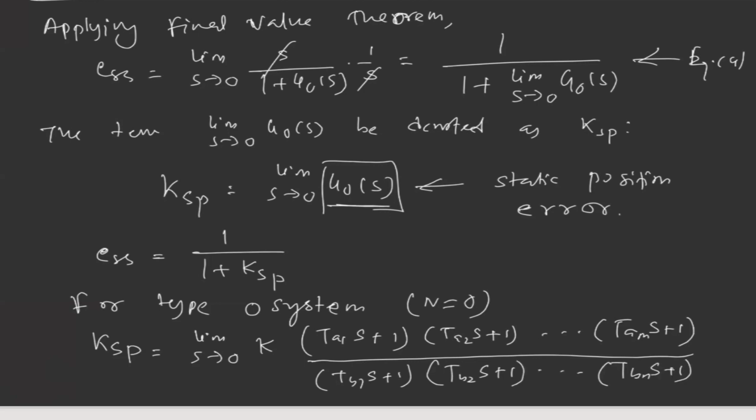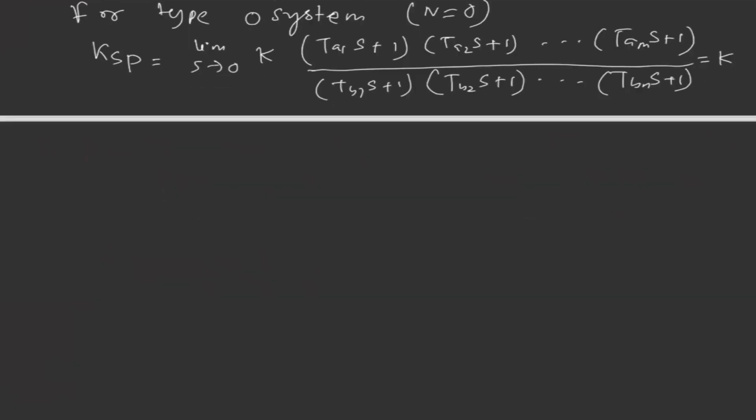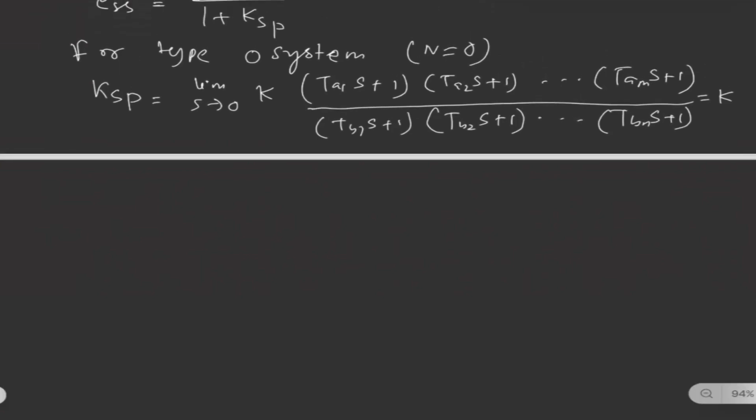This is how we can write it. Now if you put S equal to 0 here, this value yields to be K. Very interesting conclusion from this part. So what is the takeaway from this part?